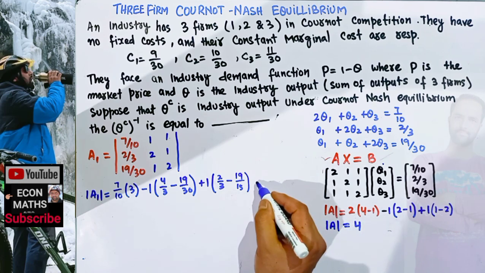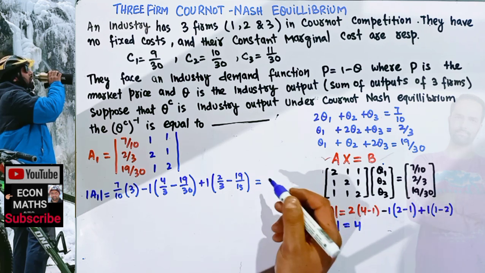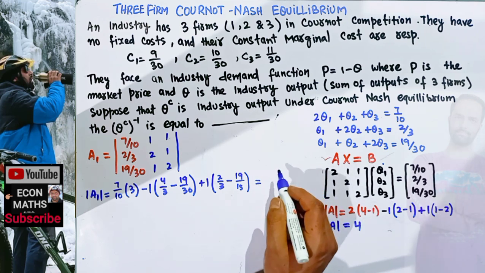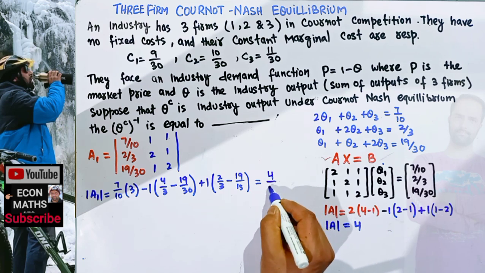When you take the determinant, we will get the value of A1 is 4 upon 5, 4 upon 5.